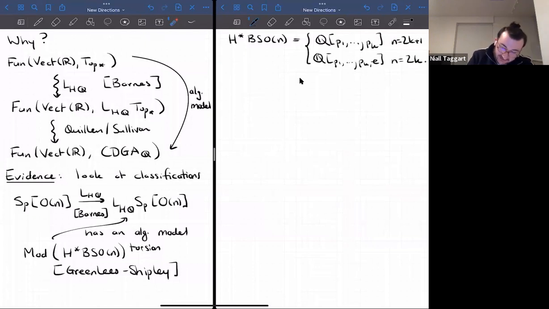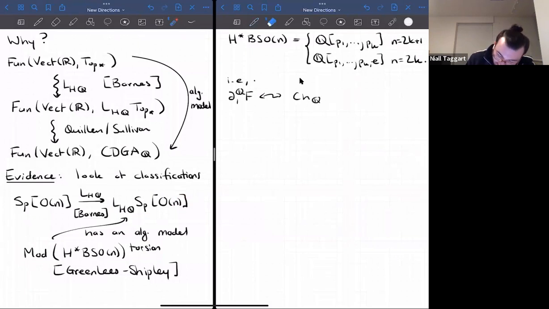So this classification of rational spectra as modules over this cohomology ring tells you that the first derivative of some functor rationally is the same thing up to homotopy as a rational chain complex.